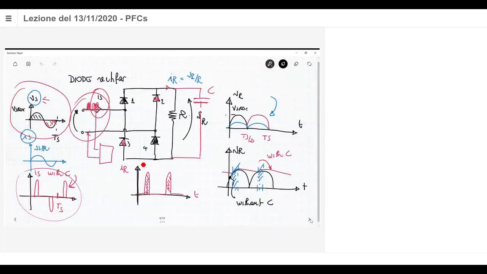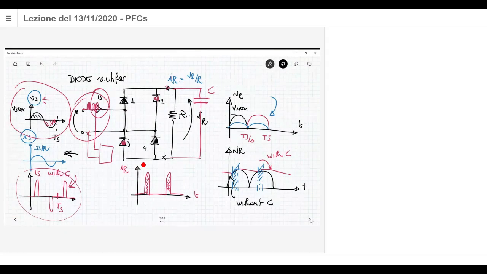If I do not have this capacitance, then my current is this one, so the power factor is exactly 1. So the circuit which is connected to the output port of the rectifier is a resistor. This is a typical situation that I want to replicate in order to get a power factor which is 1.